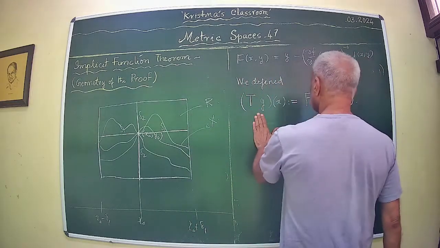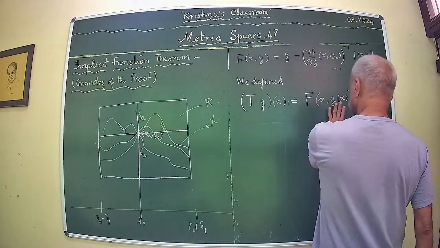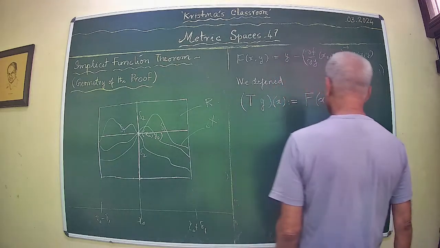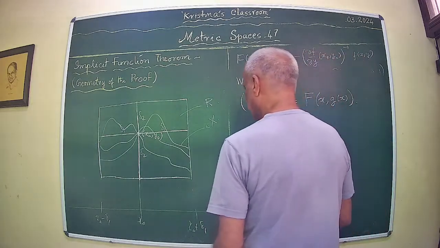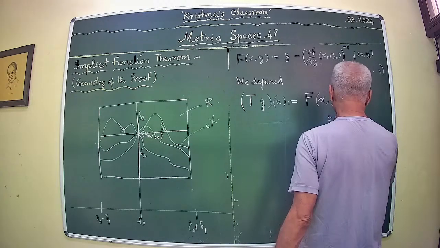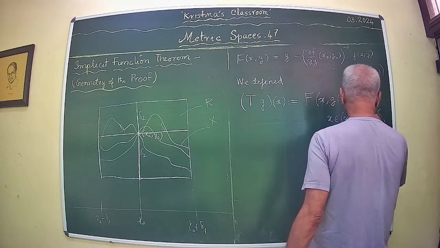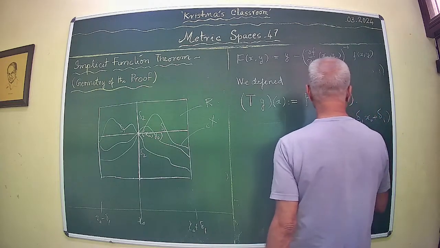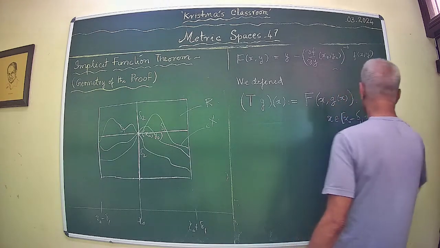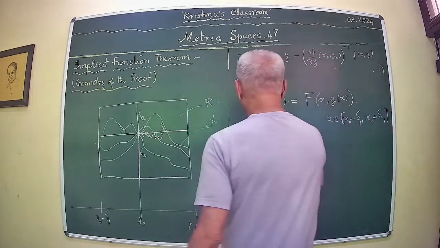What do you get through this? This is how we define it, f(x, g(x)). Therefore, you produce another function of x defined on the interval x naught minus delta to x naught plus delta. So you see that X is a complete metric space.